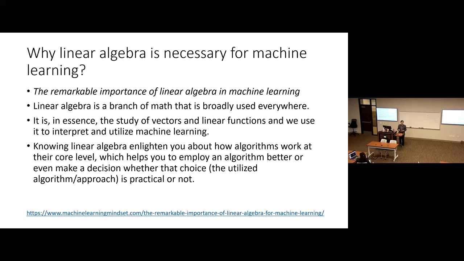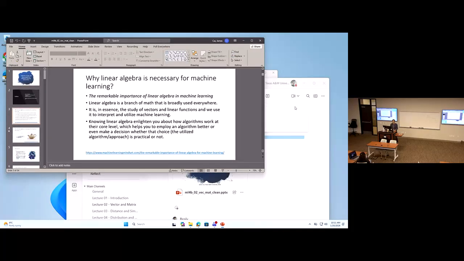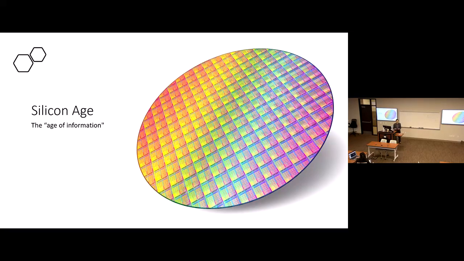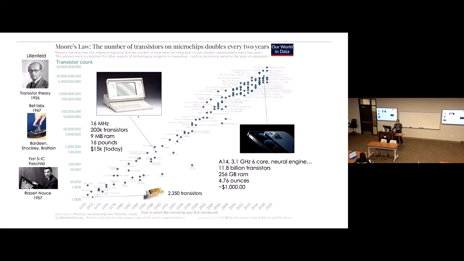So machine learning starts with all the chip revolution, okay? So I have a slide. You saw this last week, and you saw this Moore's law last week.